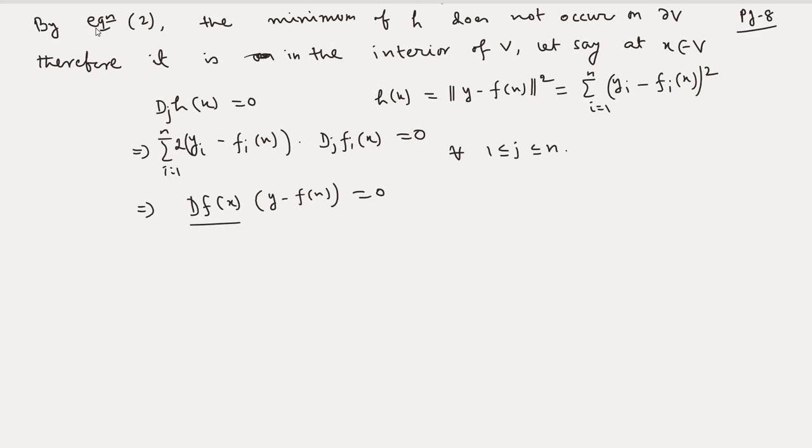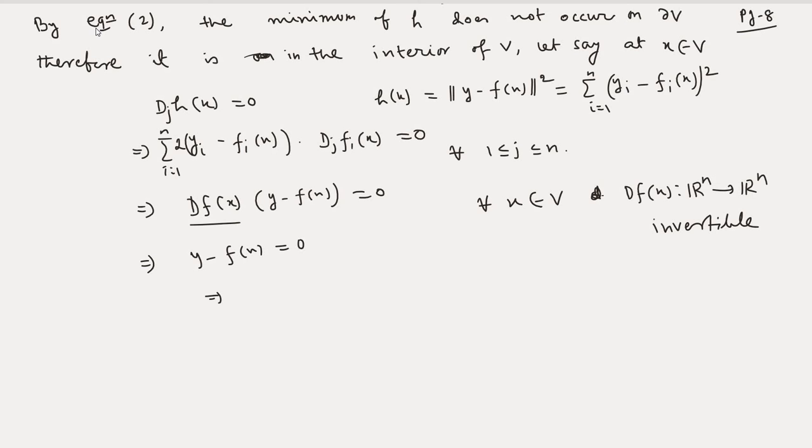For all x in V, df at x, from R^n to R^n, is invertible, so this is injective. So this implies y minus f(x) equal to 0, which implies y equal to f(x). So this proves claim 2.